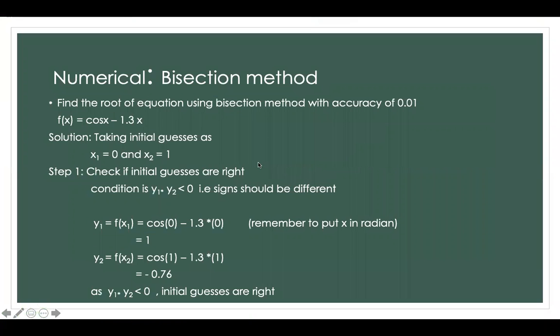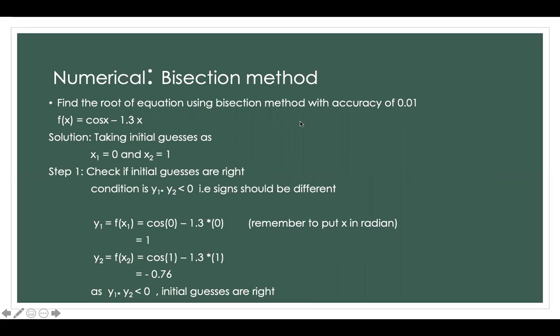So let us say the example is: find the root of equation using bisection method with accuracy of 0.01. The function given is f(x) = cos x - 1.3x.